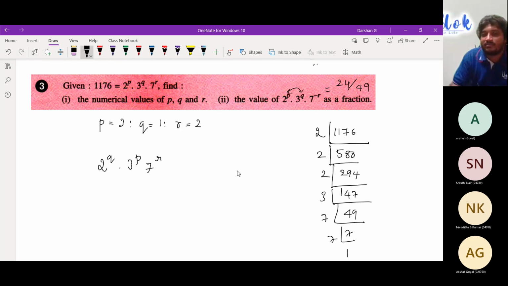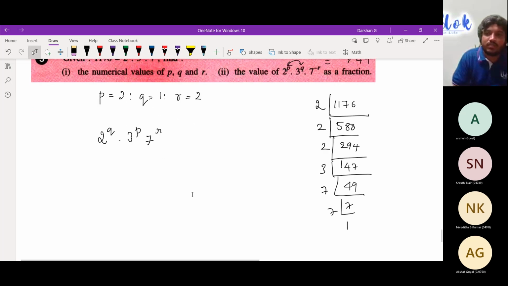That's it. But what did the student do? He thought it was PQ, and then he did it and said 24 by 49. But unfortunately, it was wrong. One of the important situations where they will 100% trick you.